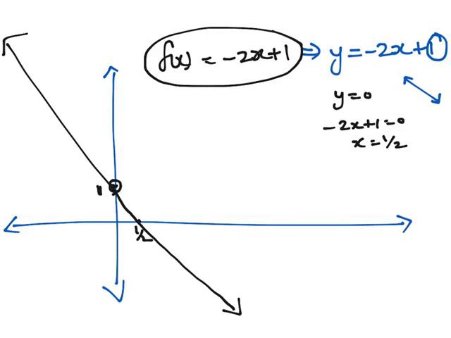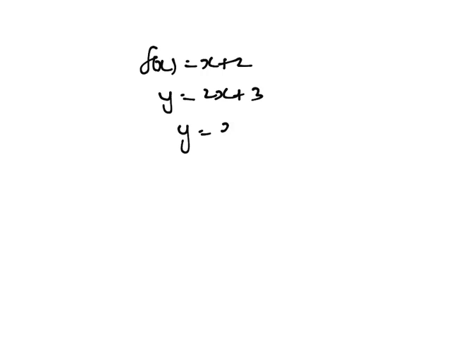Okay. Now we know that if the slope is positive, the line will look like this, and it is an increasing function. And if the slope is negative, the line will look like this, then it is a decreasing function throughout. One thing you need to keep in mind is, if you get any linear function, let's say f of x equal to x plus 2, y equal to 2x plus 3, y equal to x minus 5, or y equal to 5x plus 2, all these are linear functions.